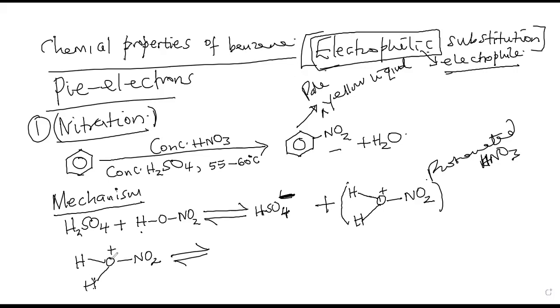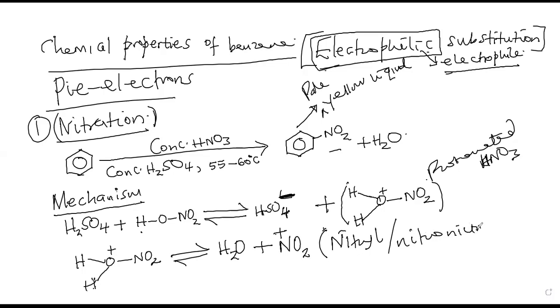So we shall have that this protonated nitric acid will split to form water, plus a nitronium ion, NO2 plus. One can call this a nitryl cation, or one can call it nitronium. We love nitronium because it is the commonest. So we shall form a nitronium cation.